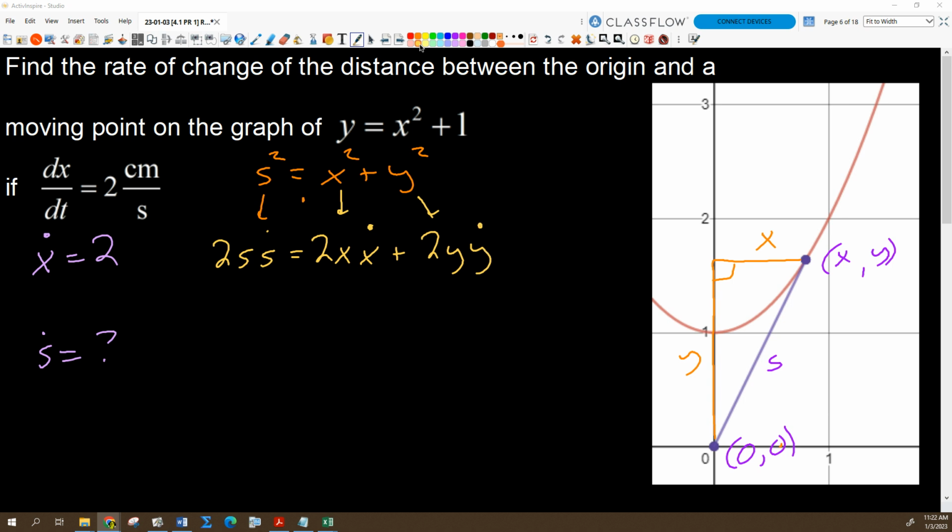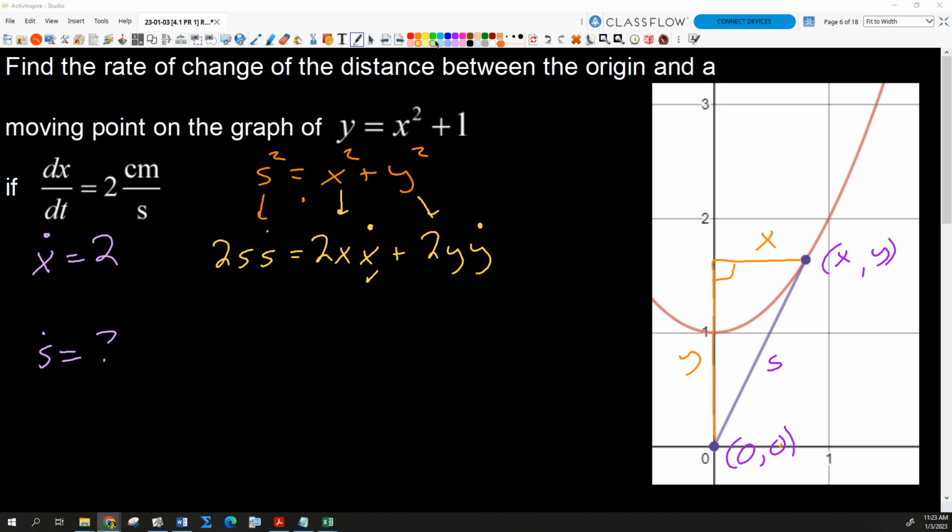Okay, well, let's see. What information could we plug in there? I'm trying to find s dot. Which of this stuff could I check off? Well, I know the value of x dot, right? Okay, so I know that one.